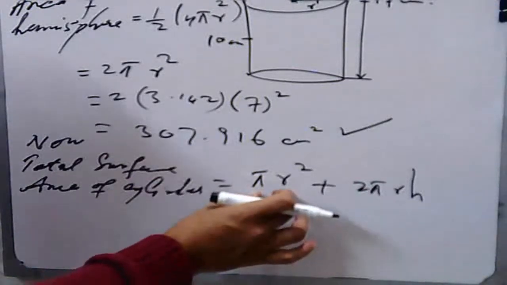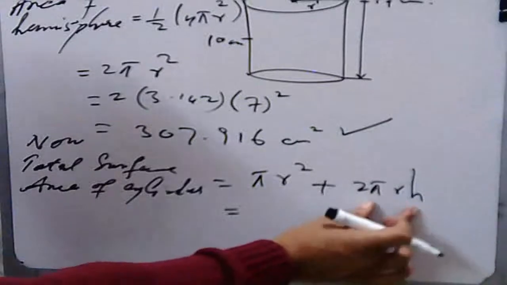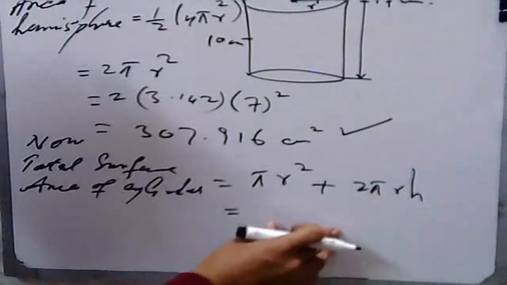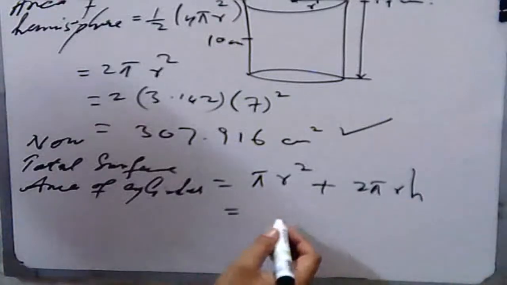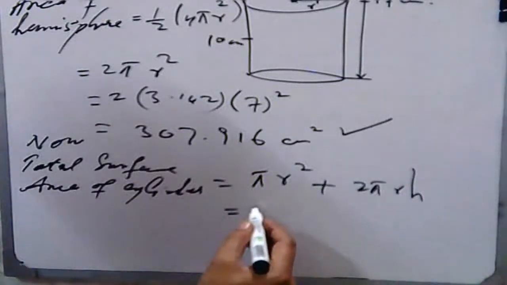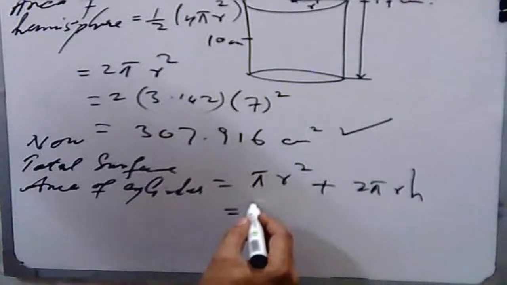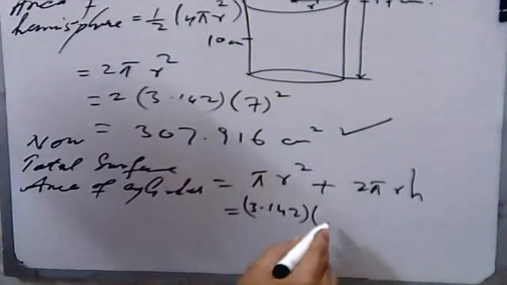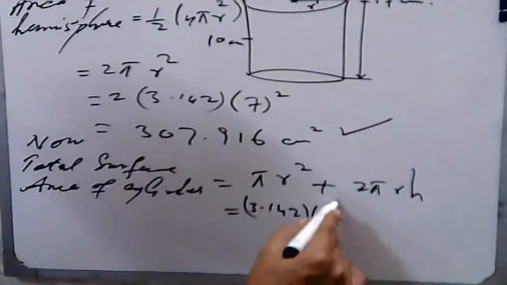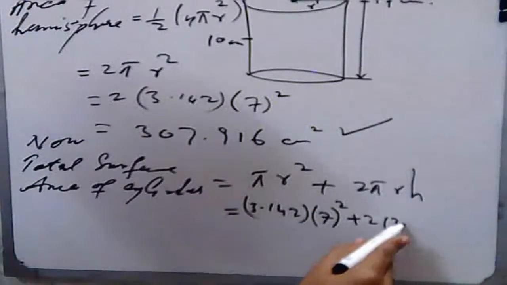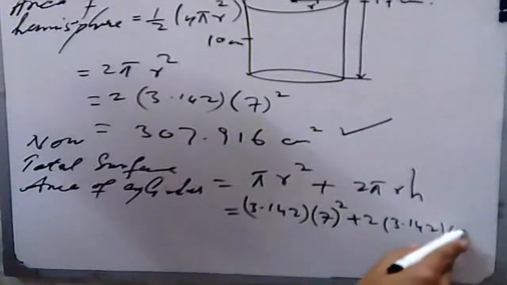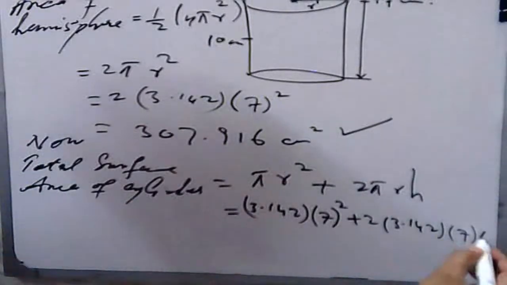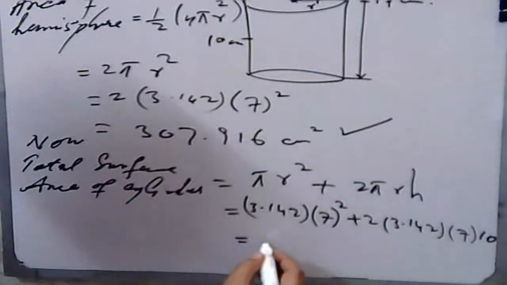Putting the values, after simplification, the value of pi is 3.142 multiplied by the value of r, 7 square, plus 2 times 3.142 times 7, and the value of height is 10. After simplification you will get 154 plus 439.88.